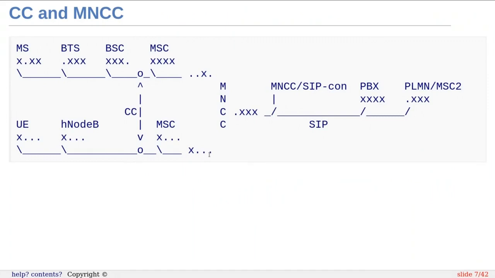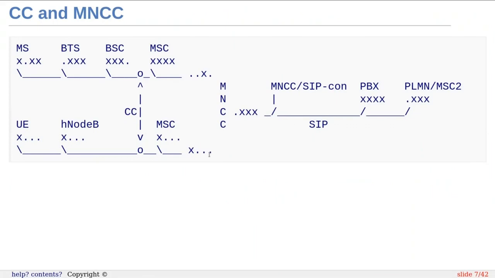But otherwise, what the phone tells us in the CC messages is the same. That's on the RAN side. On the core network side, or the PLMN side, we have the MNCC, which, as far as I know, is an Osmocom invention, and basically we pass around structs of information about call legs with MNCC messages requesting a setup or indicating an alert and so on. Those are the both ends that the MSC needs to consolidate and marry and work with.